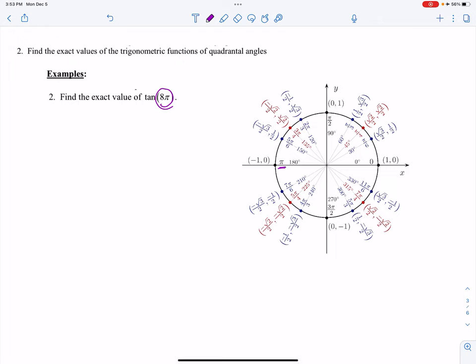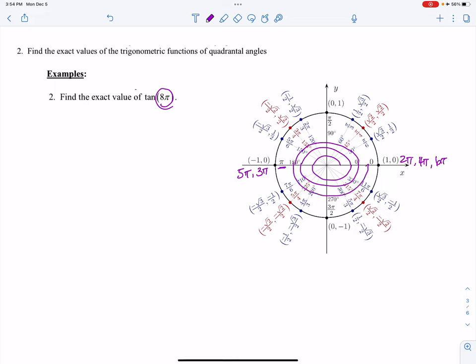And if we keep going around our unit circle, we'll end with a pi. If we keep going, we'll have 2 pi. If we keep going, we'll have 3 pi, then 4 pi, then 5 pi. And do we see what's happening here? If we keep going, we'll have 6 pi.